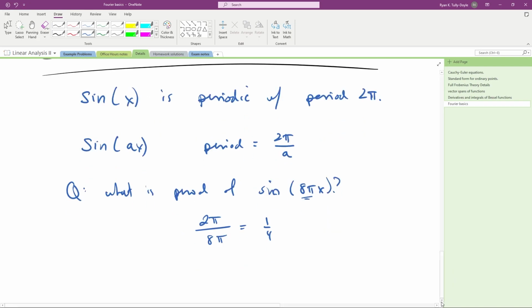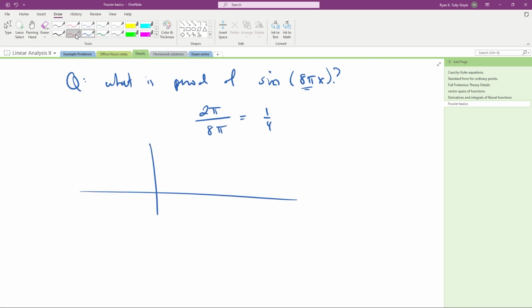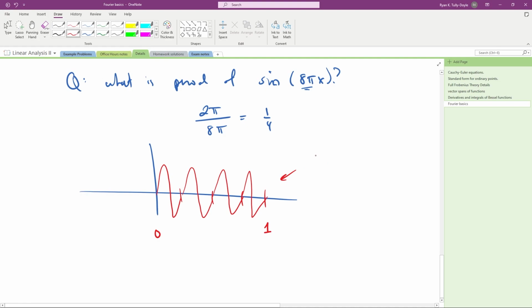If you were going to plot that, what that would mean is that in the space between 0 and 1, this function repeats itself 4 times. The sine of 8 pi x does an entire cycle of the sine, and then another entire cycle, and another, and another. So this does itself 4 times between 0 and 1. That's what it means to have period 1/4. The gap from here to here is 1/4 wide. It can do that 4 times between 0 and 1.